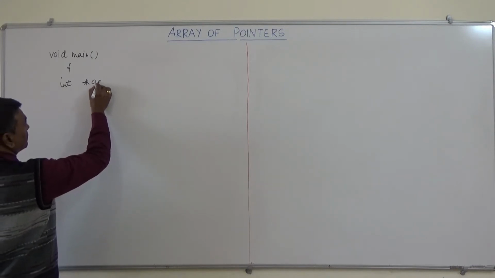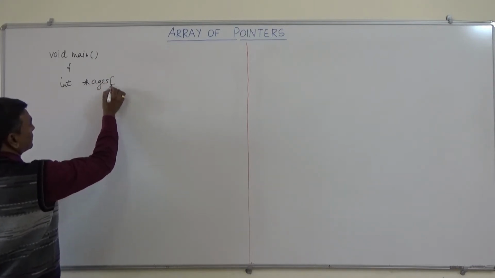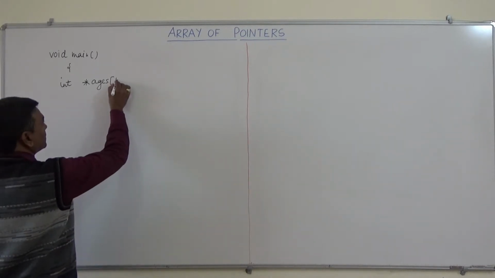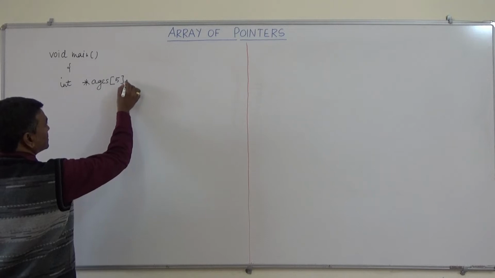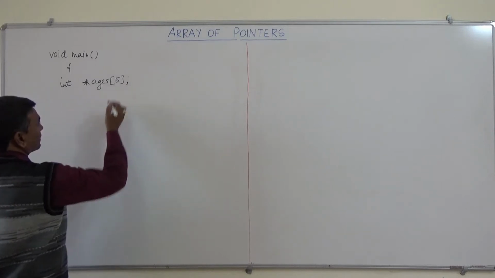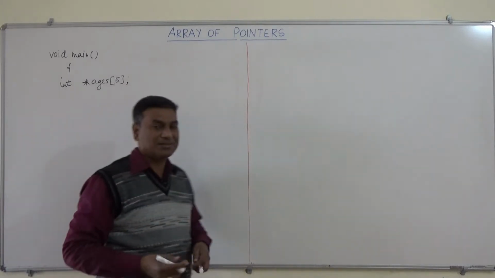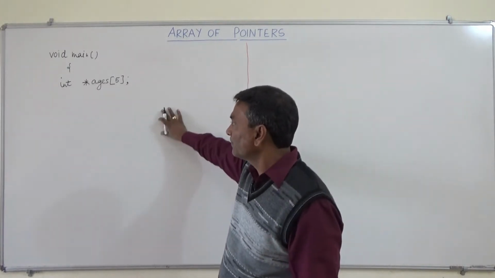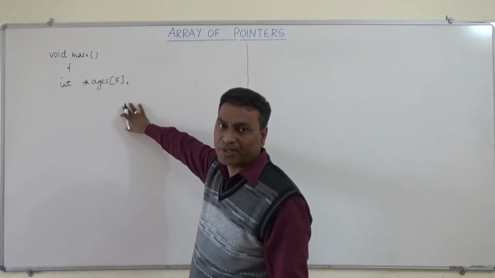Say the name of the array is ages and its size is 5. This is the main point of the program, because this is the array of pointer.